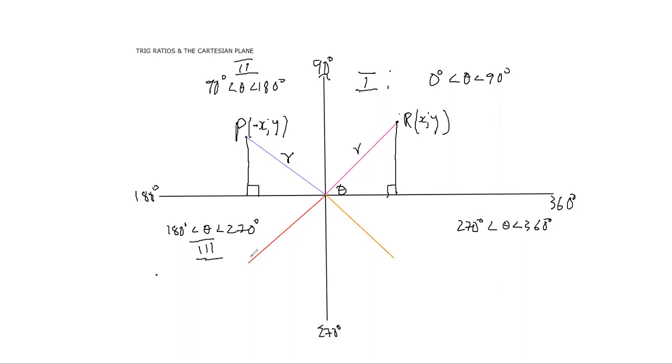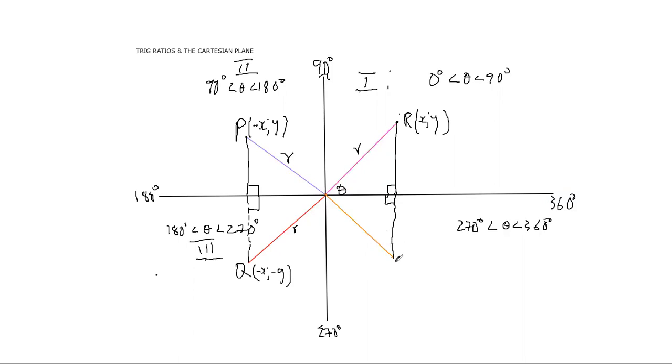We'll do the same thing down here. We draw the triangle towards the x-axis, and this remains my R. Let me call this point Q. And here, x is negative and y is also negative. Finally, I'm going to draw my last triangle there towards the x-axis.